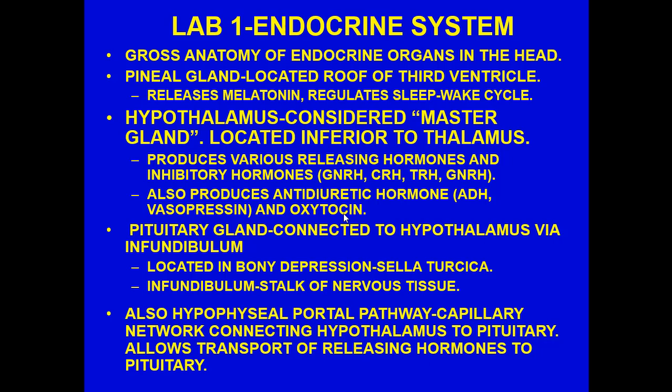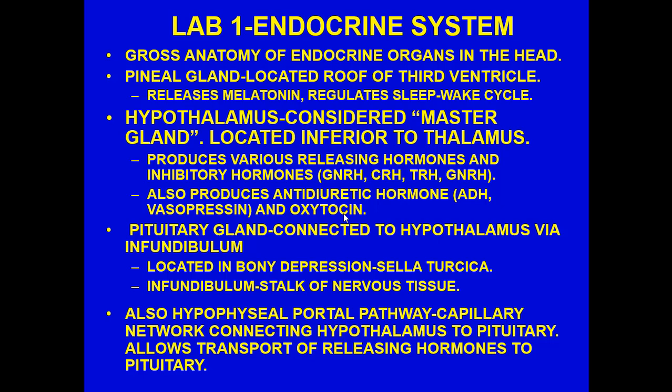But the actual release of those hormones is through long axons of nerve cells that originate in the hypothalamus, but at the end they terminate in the posterior pituitary, where their release will go into the bloodstream. Now, the pituitary gland is connected to the hypothalamus via the infundibulum, that stalk-like structure.